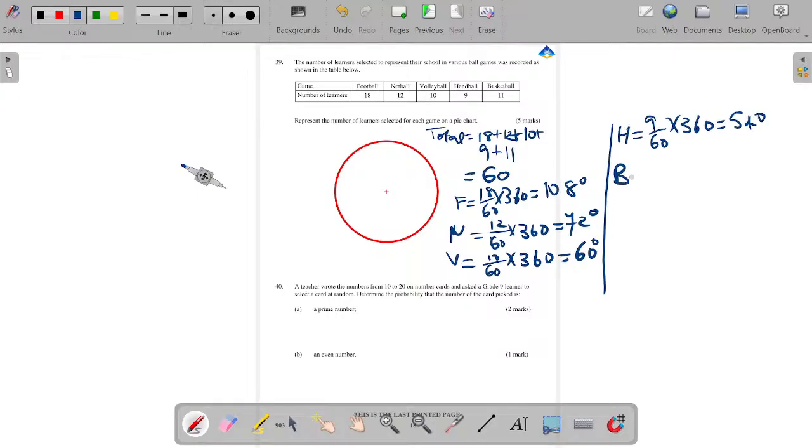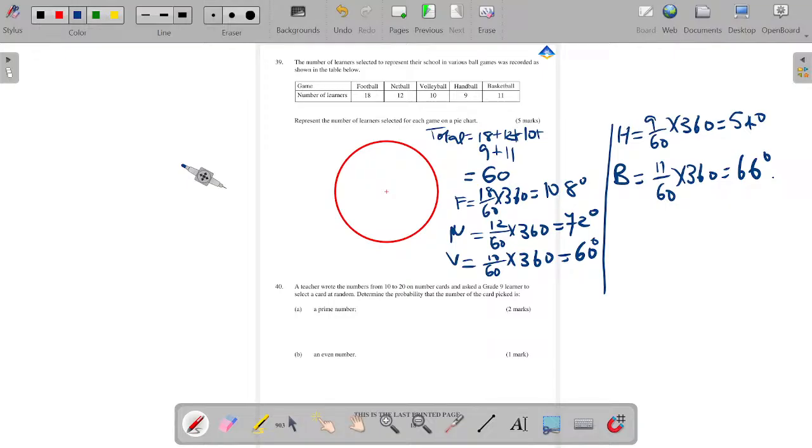And finally, I have 11 out of 60 times 360. Let's see. That is 66.